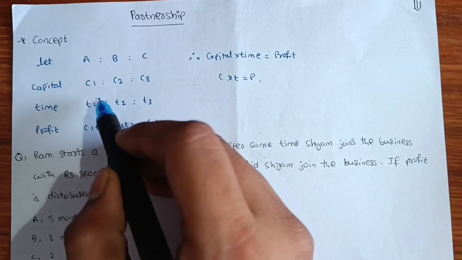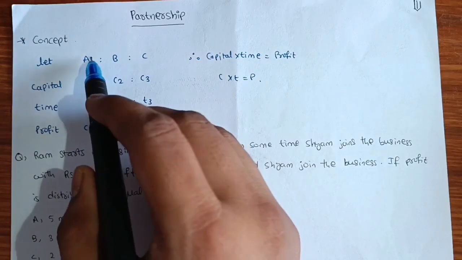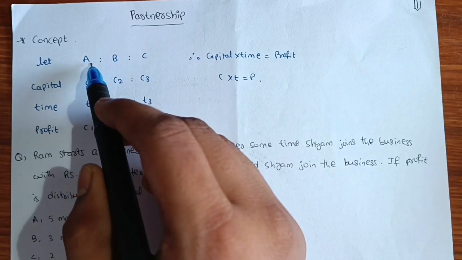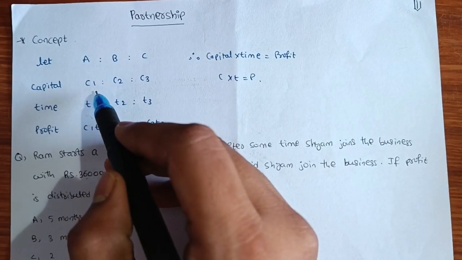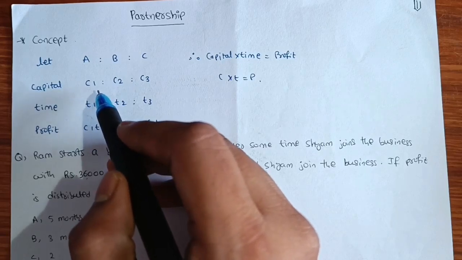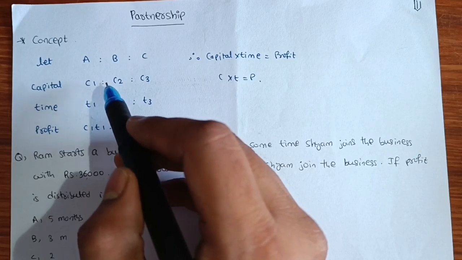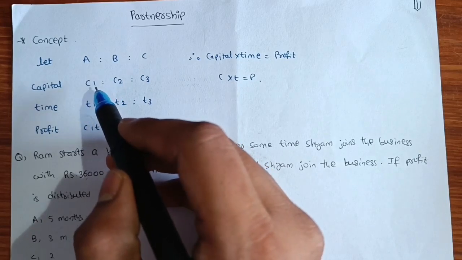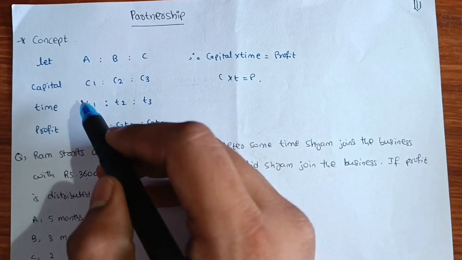Person A is going to invest for a time period of T1. Suppose he has a capital of 1000 rupees and is going to invest for a time period of 3 months, meaning every month he invests like a SIP: 1000 in the first month, again 1000 in the second month, and again 1000 in the third month.